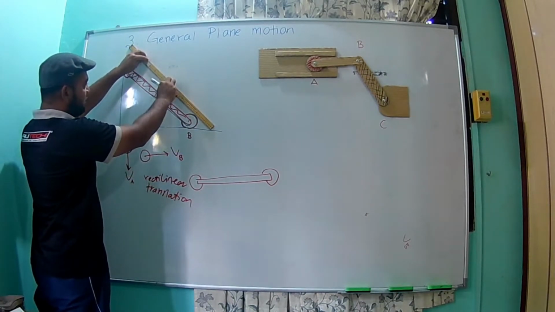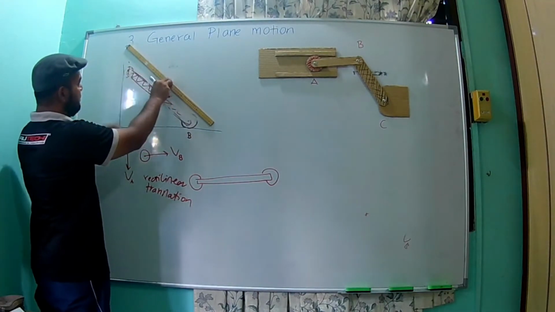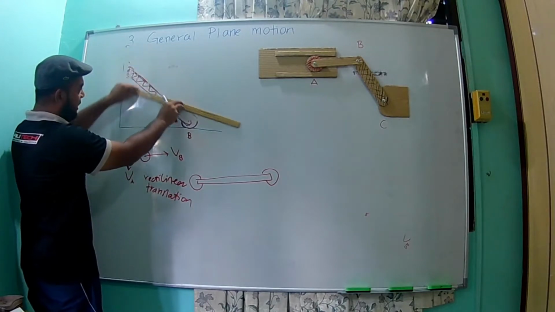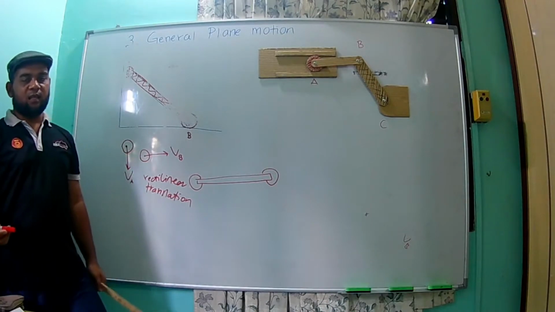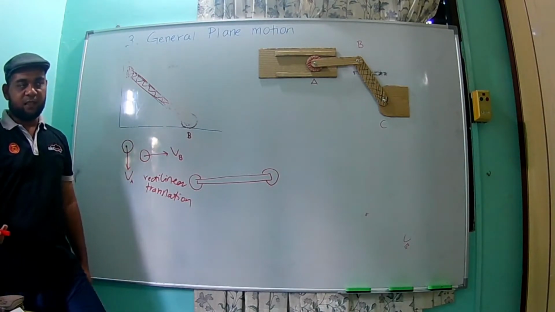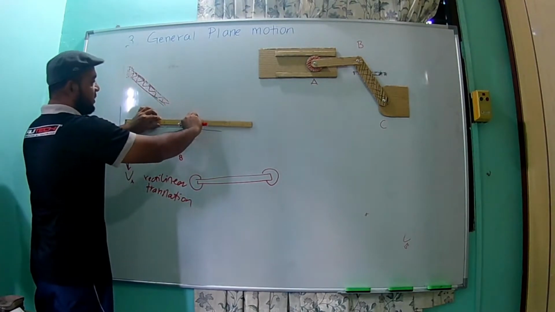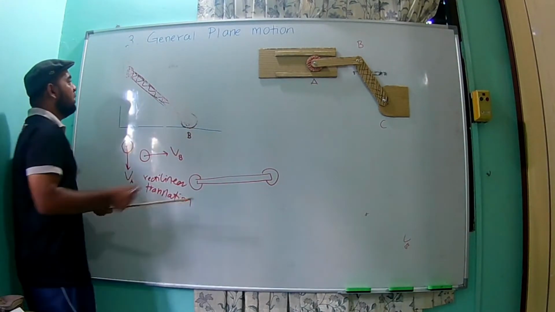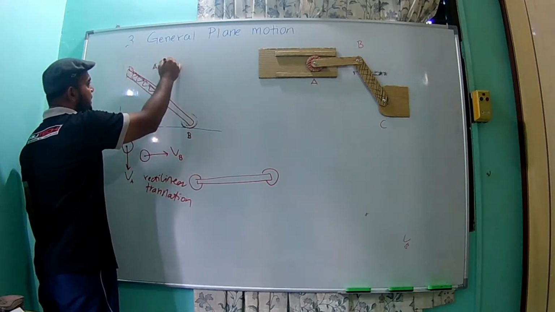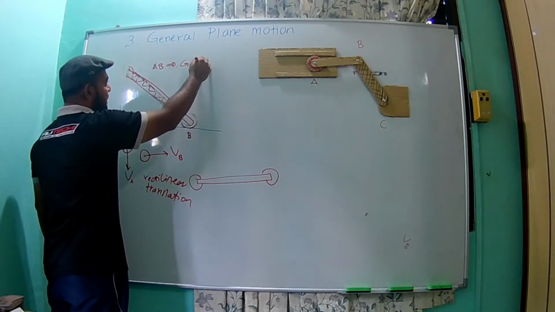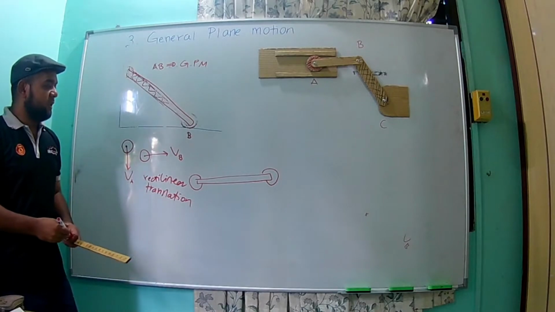So the motion is going down and at the same time it is turning. It is not rotation about a fixed axis, because you don't have a fixed axis. It is not a translation, because it is going down and at the same time rotating. So AB is general plane motion.